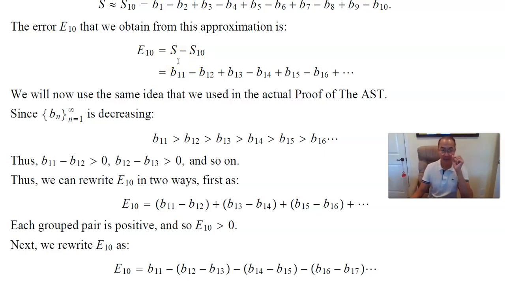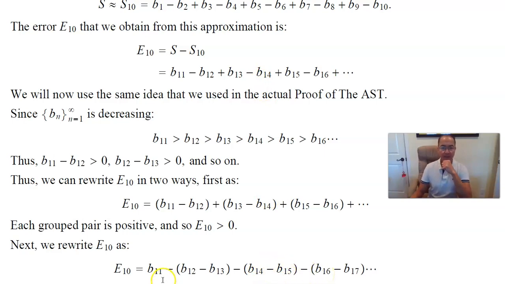It is an underestimate. Okay, but now we can regroup by leaving B11 alone, factoring out the minus from B12, joining it with B13, but that means that that plus turns into a minus quantity B12 minus B13. Repeat, factor out the minus from B14. You also have to put minus in front of B15, and so on.